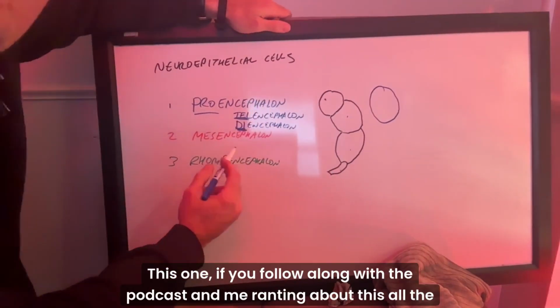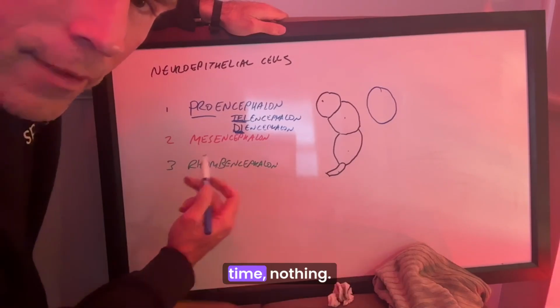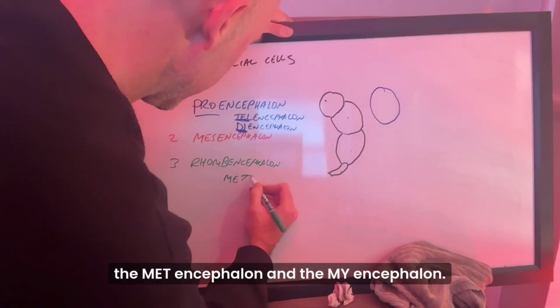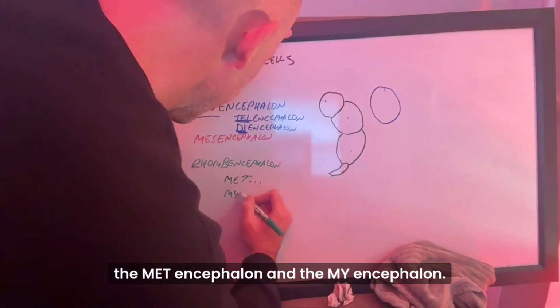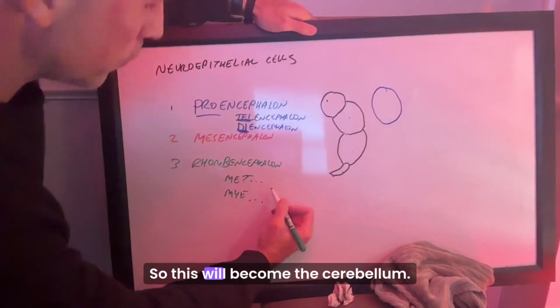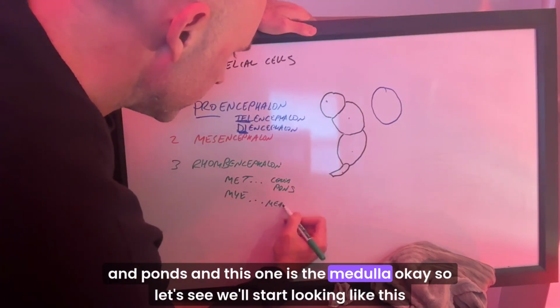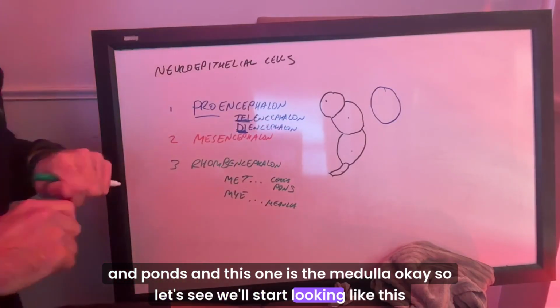This one, if you follow along with the podcast and me ranting about this all the time, will make the mesencephalon and the myencephalon. So this will become the cerebellum and pons. And this one is the medulla. We'll start looking like this.